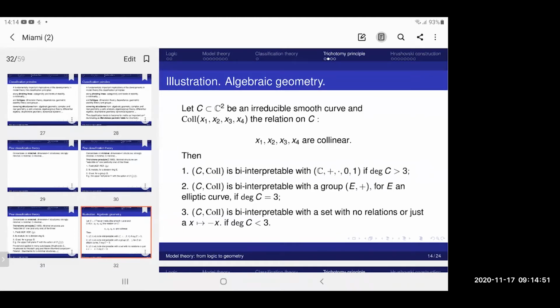Of course, for the degree 3 curve, there is a well-known procedure of how you identify a group structure on such a curve, and the point of this statement on this slide is that there is only this structure and nothing else. Whereas in the first case, you would actually be able to recover the whole field.